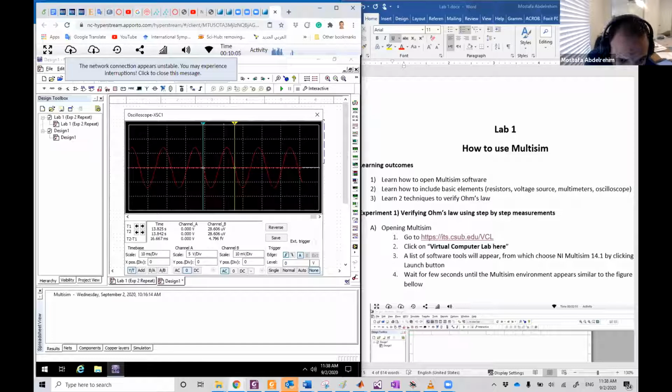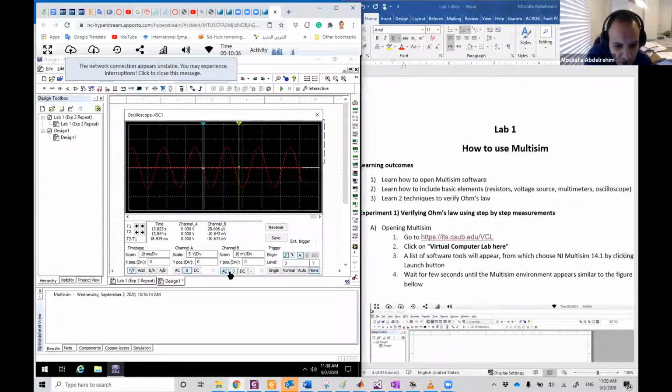For example, this is maybe one division and maybe 0.4, something like this. So if you want to know the maximum, instead of using these nice pointers, you can measure it yourself. It's one division, maybe 0.4. So 1.4 multiplied by 10, which is around 14 millivolt.